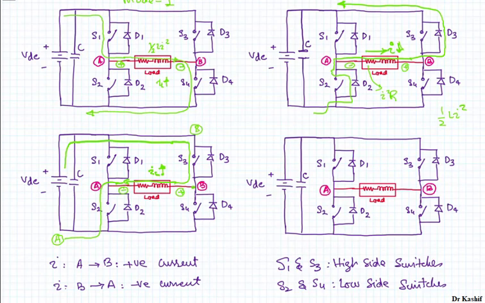Because of the switching operation, if we turn off S2 and S3 and apply the gate pulses to S1 and S4, the current cannot be interrupted.